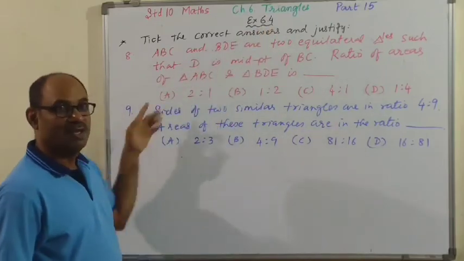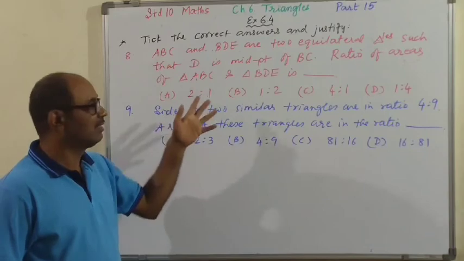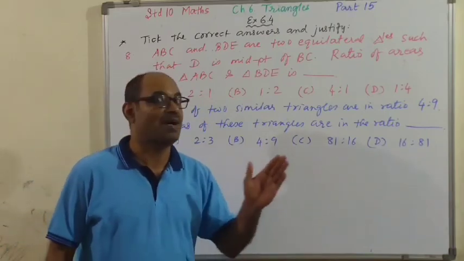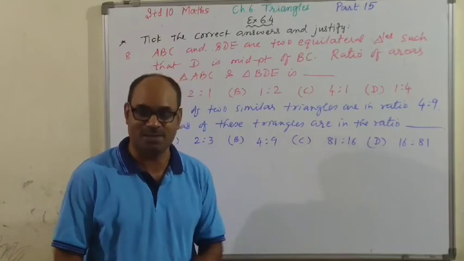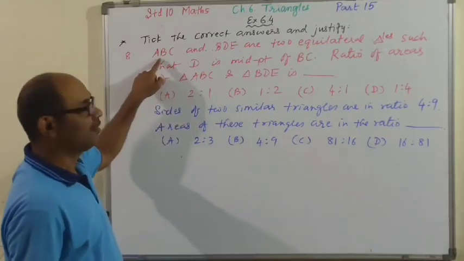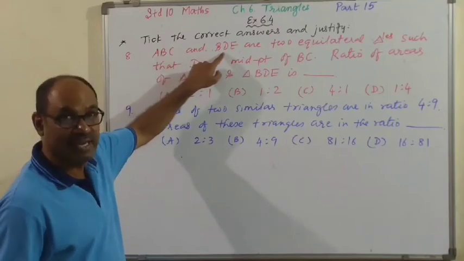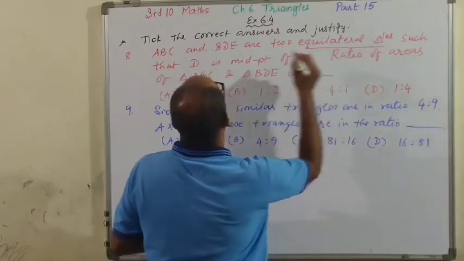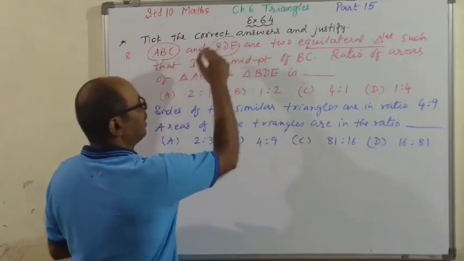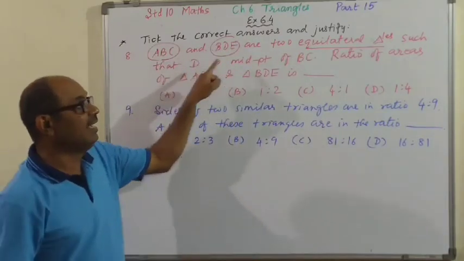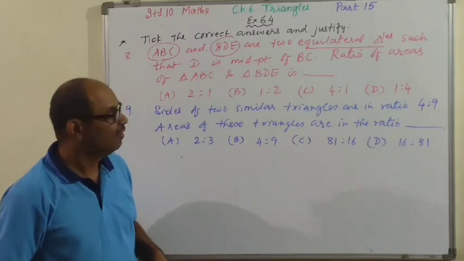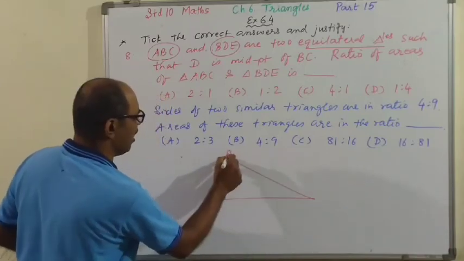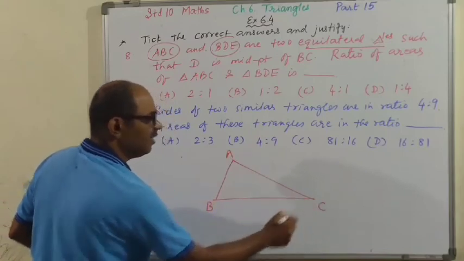The last two sums, which are in the form of MCQs, that is objective questions, and we should finish them as fast as possible. Let's see. Triangle ABC and BDE are two equilateral triangles, both equilateral triangles, such that D is the midpoint of BC. Let's see. First triangle ABC.